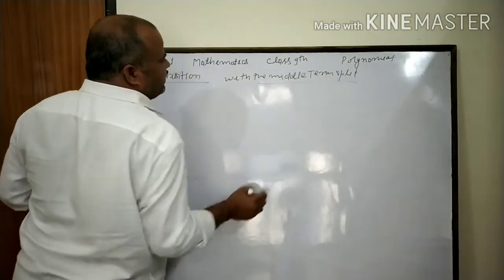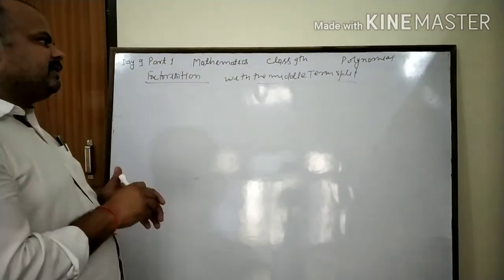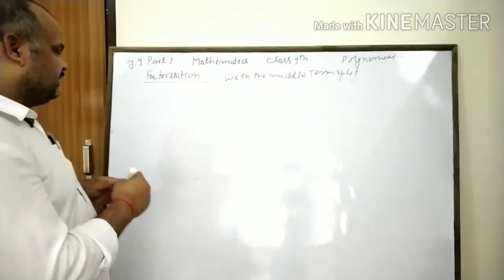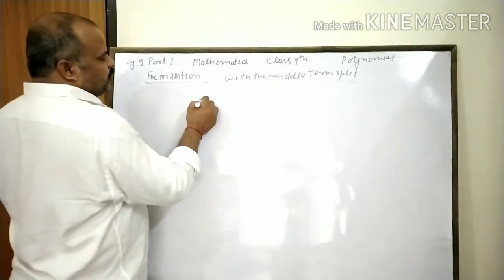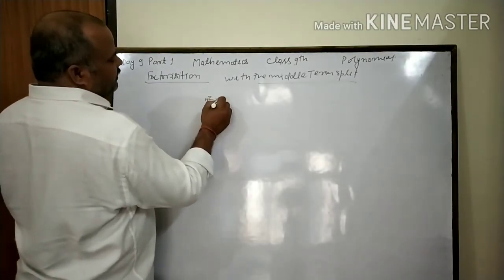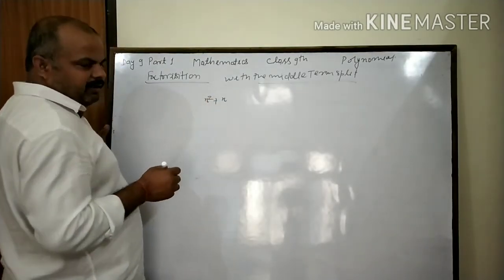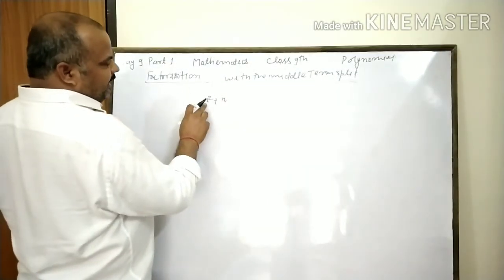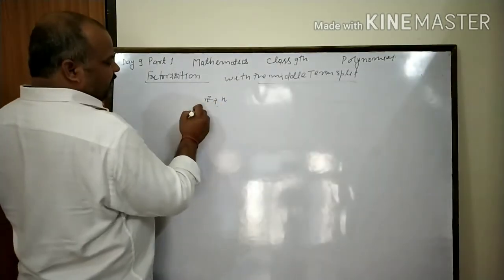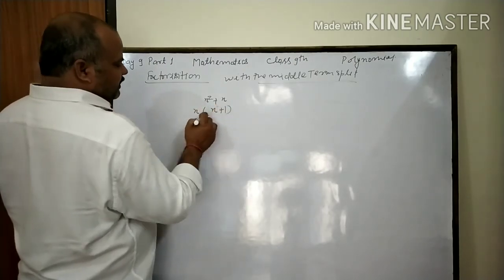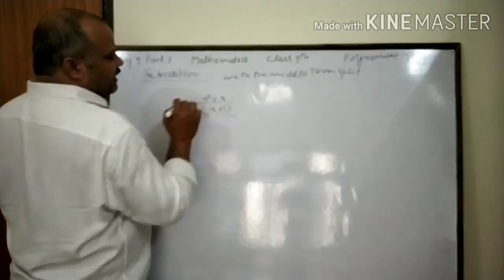It means what we can do? We can break the middle term and with the help of this we can factorize. Suppose here x square plus x, and you want to get its factor, then x and x are both common, so we take x as common, now x plus 1. Now it is the factor of this.